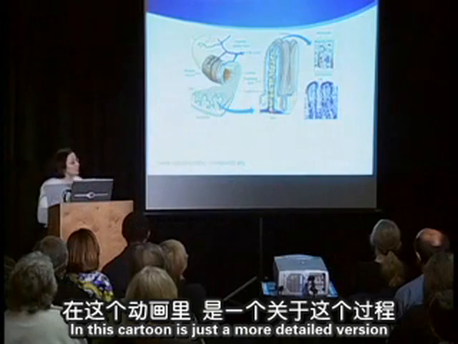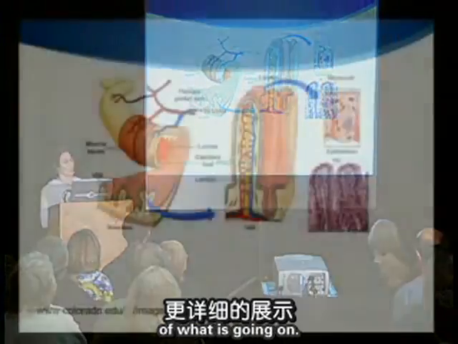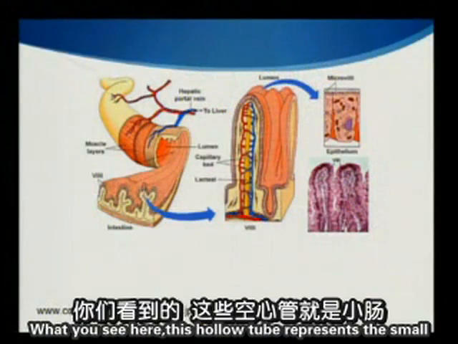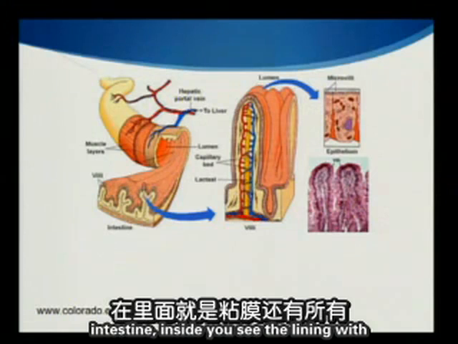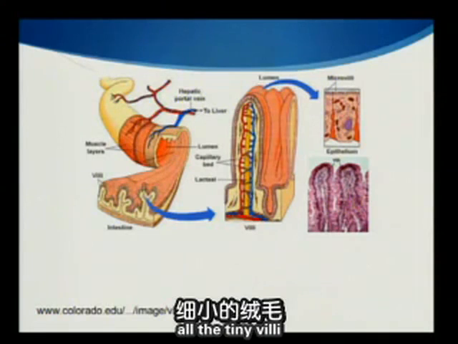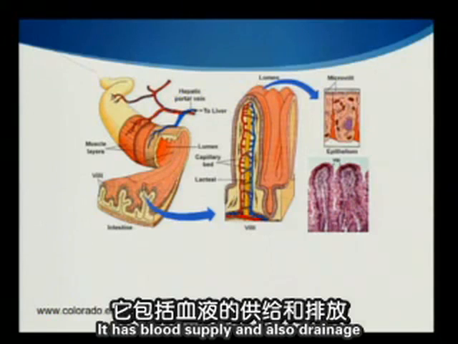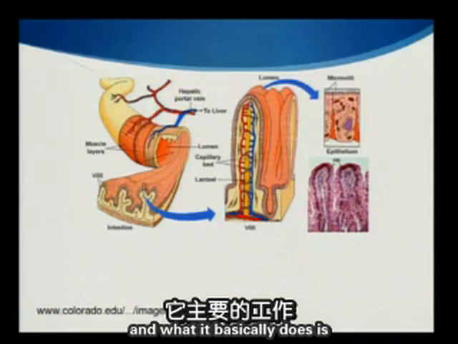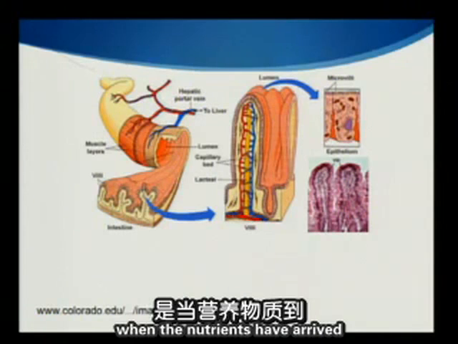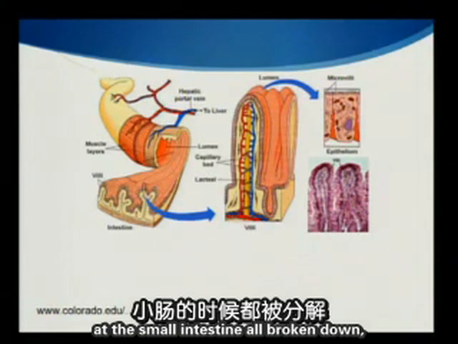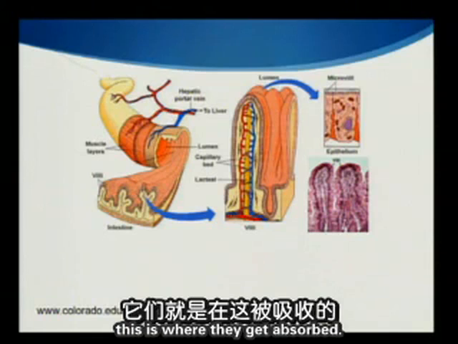And this cartoon is just a more detailed version of what's going on. This hollow tube represents the small intestine. Inside you see the lining with all the tiny villi. And this unit is very important. It has blood supply and also drainage, and when the nutrients arrive at the small intestine all broken down and need to be absorbed, this is where they get absorbed.